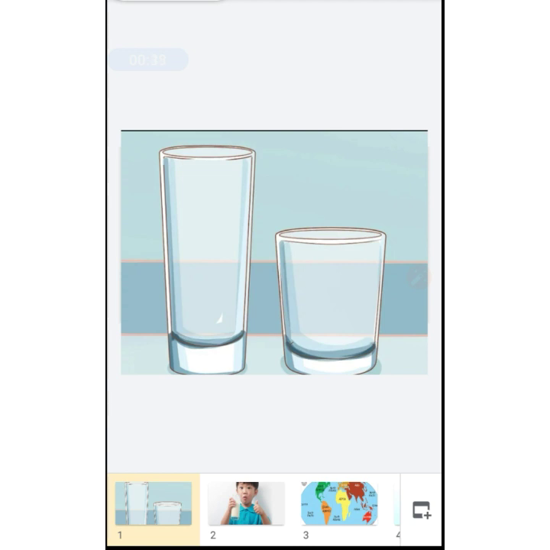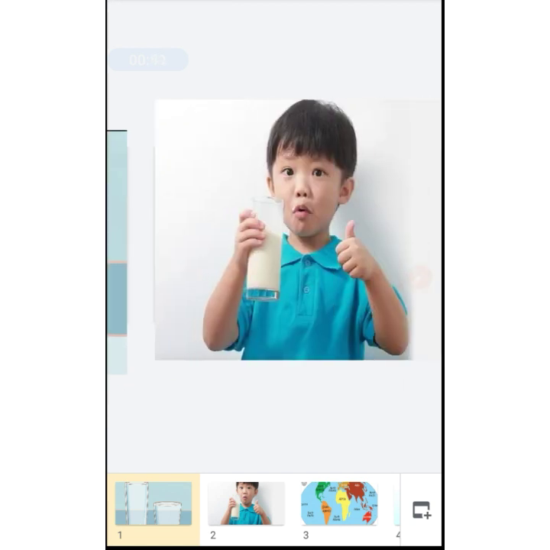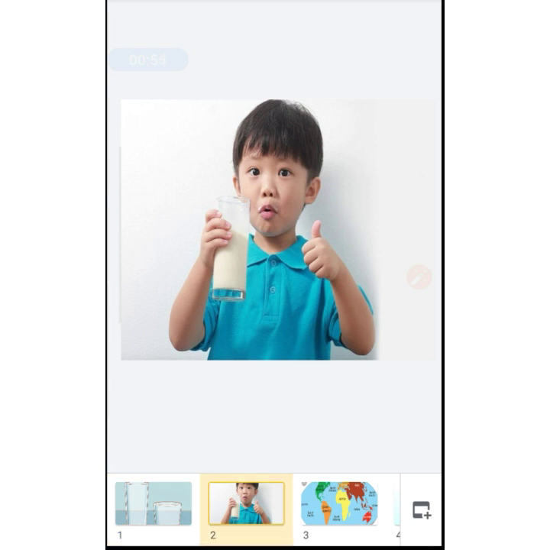Yes, you all are right that this glass, which is the tallest one among both of them, holds a larger amount of milk. See, that boy is looking very happy with having the larger glass full of milk.